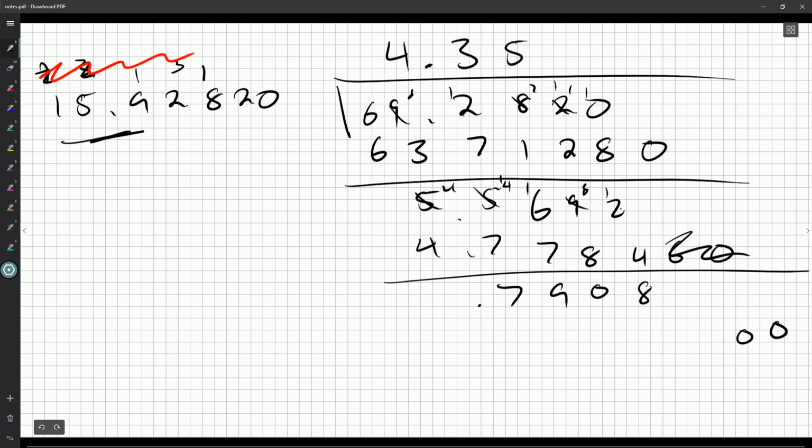Carry the 1. 41, carry the 4. 14, carry the 1. 46, carry the 4. 29, carry the 2. So it looks like it's just a little too big, so it's going to have to be 4.